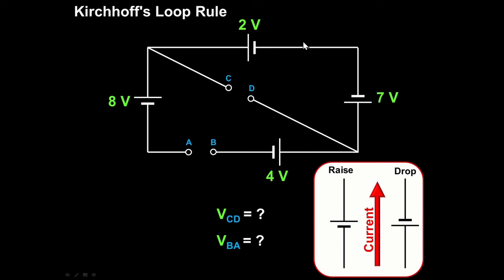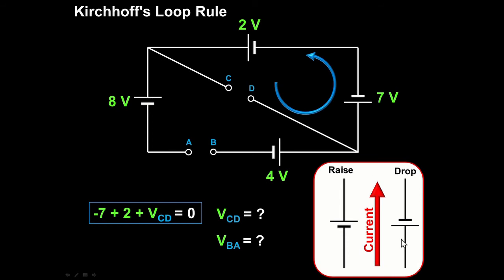Well, Kirchhoff's loop rule says around any loop, the total raise should equal the total drop. So I'm going to be measuring the voltage across C and D. I'm going around this direction because I'm going from C to D. So if I go around the loop like this, this would be dropping by 7. I'm going against its normal output.